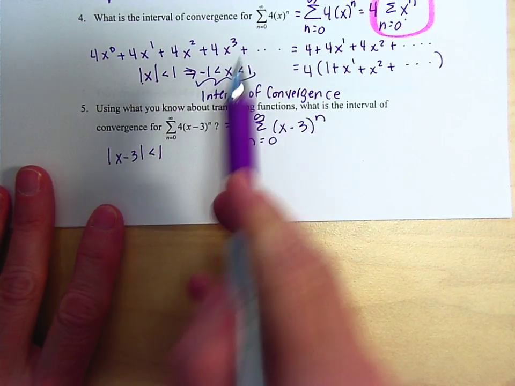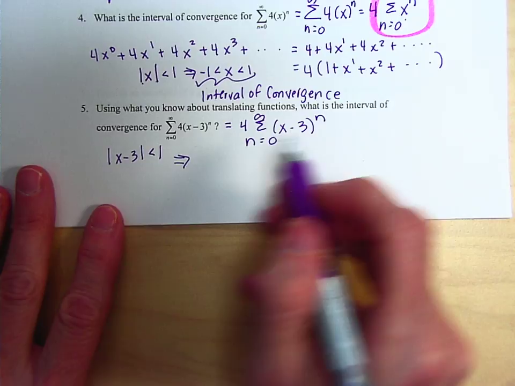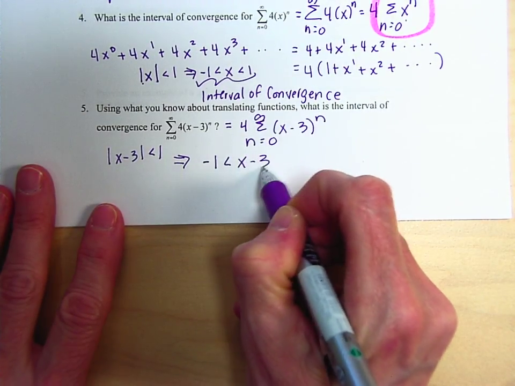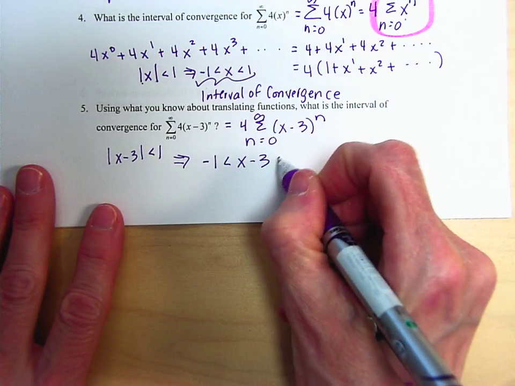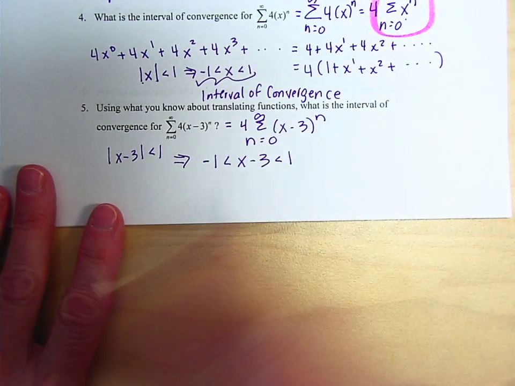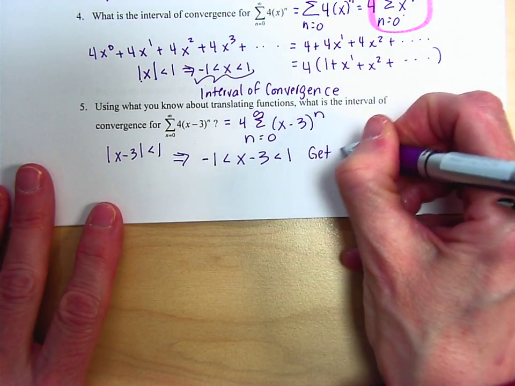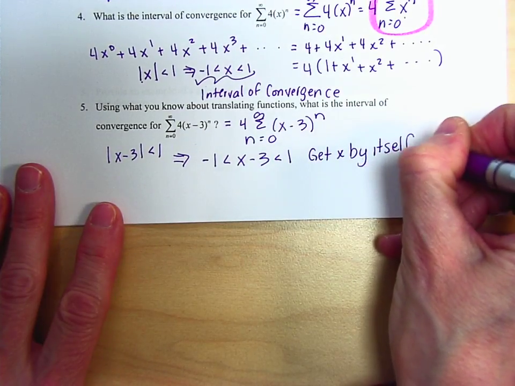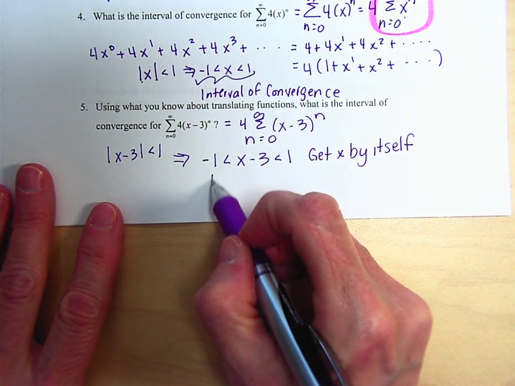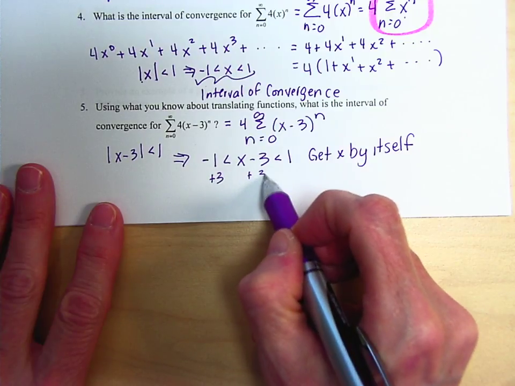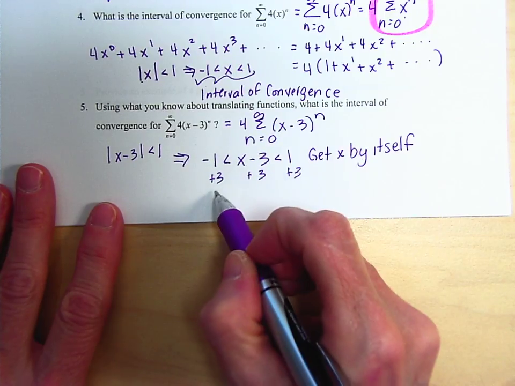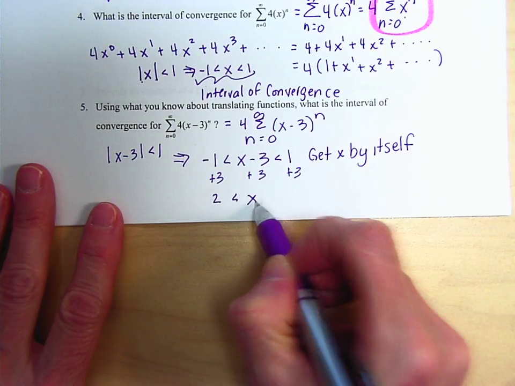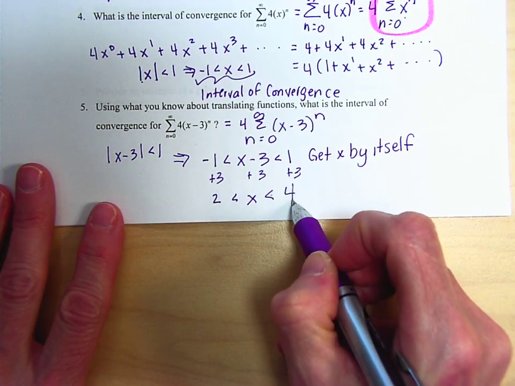So similar to what we did above, we're going to rewrite this expression as minus 1 less than x minus 3 is less than 1. And now we need to get x by itself. So that would require us to add 3 everywhere. So then I would have 2 is less than x is less than 4.